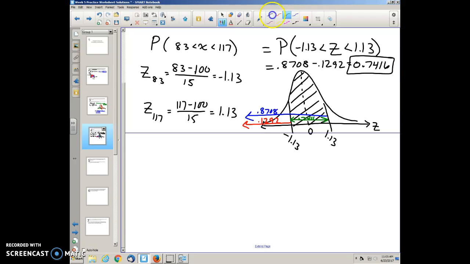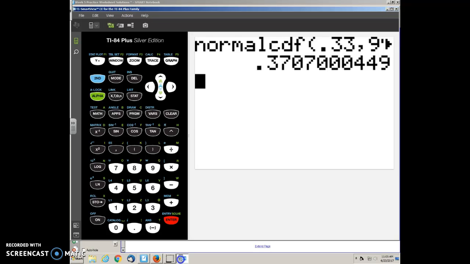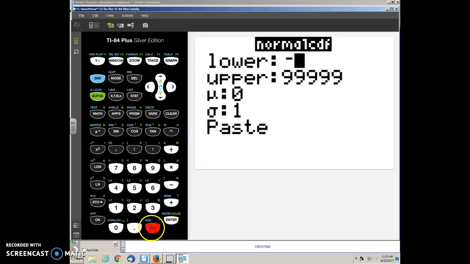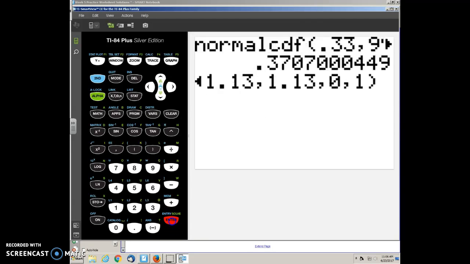All right, on our calculator, we're going to do this. Normal CDF, negative 1.13, comma, 1.13, comma, 0, comma, 1. Okay, so second vars, normal CDF, negative 1.13 to positive 1.13, and then we're working with a mean of 0 and a standard deviation of 1.